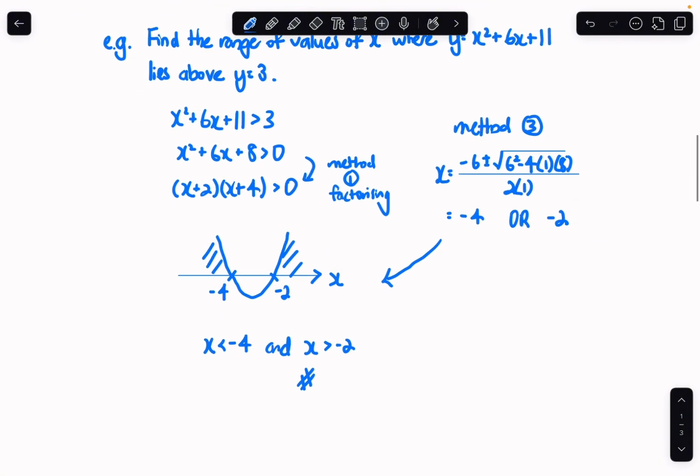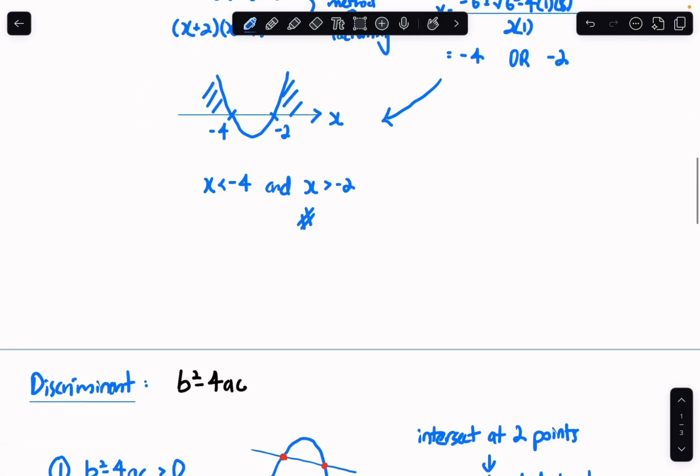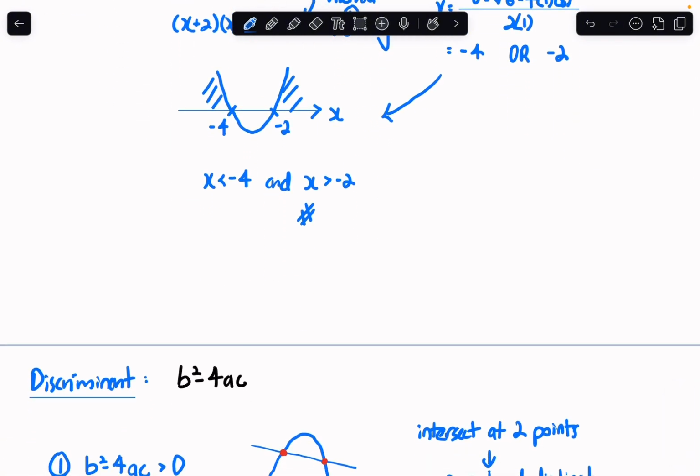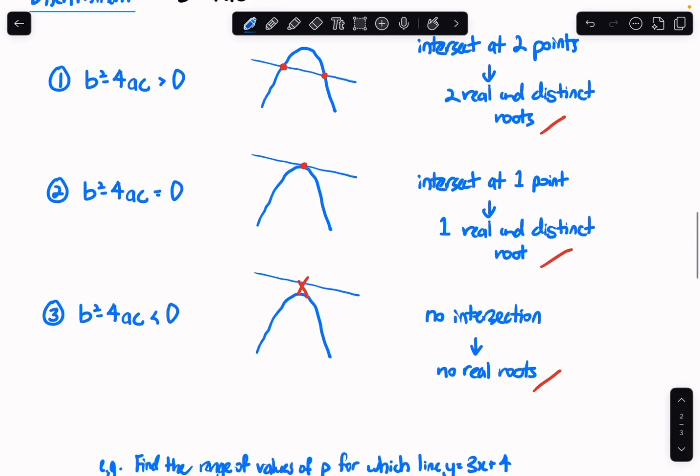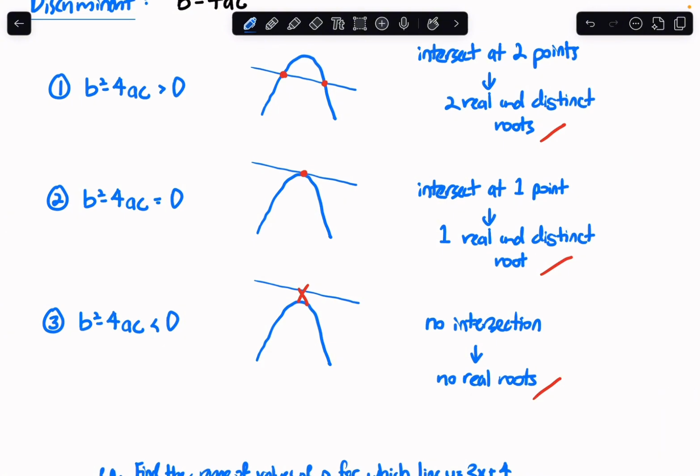But if the question asks for an unknown constant like p, k, m, etc., which are coefficients in the quadratic equation, you will most likely be using the discriminant method, b squared minus 4ac.